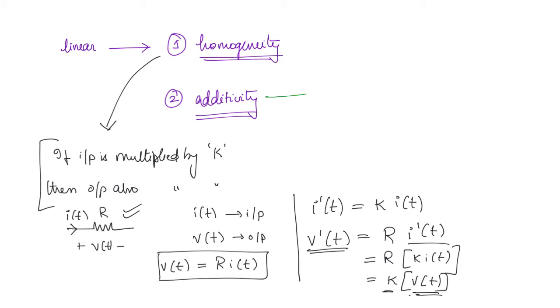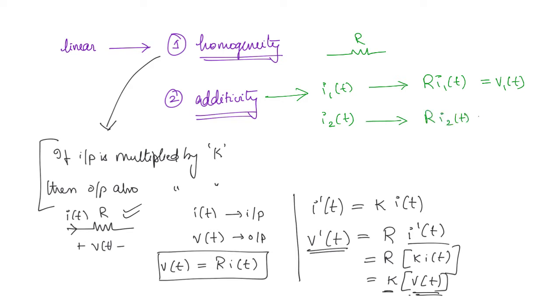Now what is meant by additivity? Here let us take the same resistor R, and let us say there are two inputs I1 of t and I2 of t. What will be the output due to I1 of t? It will be R into I1 of t. Let this be V1 of t, and the output due to I2 of t will be R into I2 of t. We will take this as V2 of t.